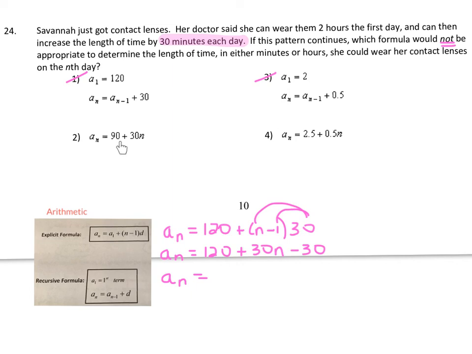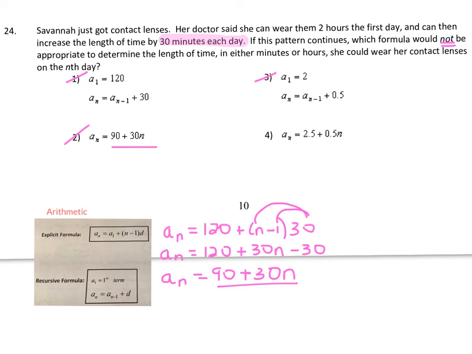So to do it in the order they did here, it looks like they just wrote the number first. So if we combine 120 minus 30, that does give us the 90 that we see right here. And then if I bring down this plus 30n, it does match up with choice 2. Okay, this right here says the same thing. So choice 2 is not our answer because we're looking for what doesn't work. So choice 4 is, I guess, the answer, but let's just make sure.